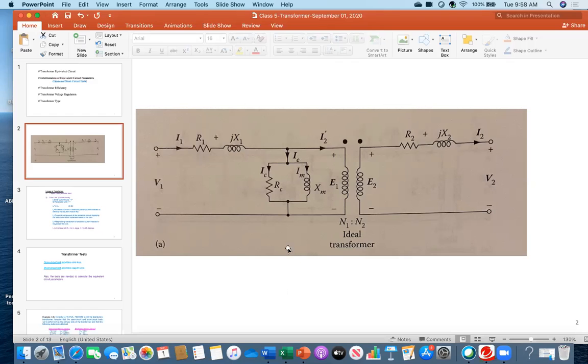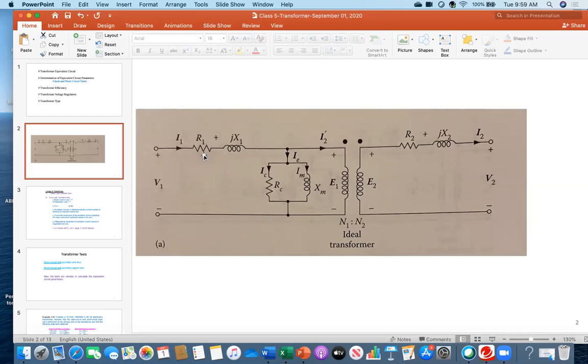So what you have to do is find out 6 parameters. Everybody see, R1 is one parameter, X1 is another, R2, X2, RC, and XM. You have to find out these 6 parameters, and this is a very realistic condition. In a real situation, you have to find out those 6 parameters. In a real manufacturing company, once a transformer is built, the first test is to check that those 6 parameters make sense.